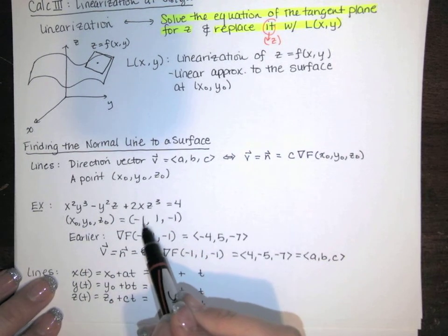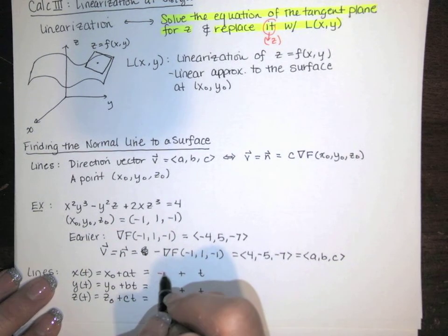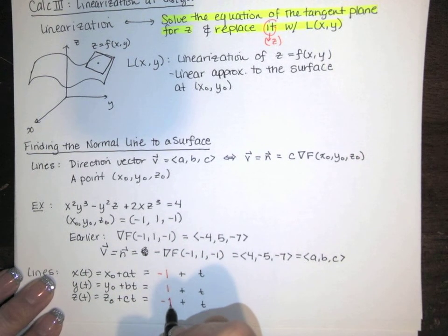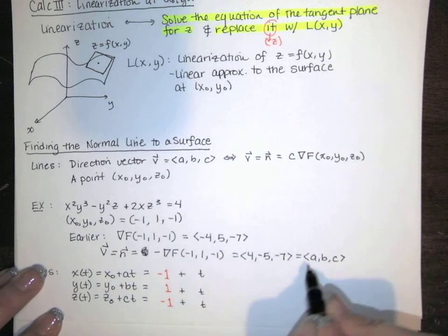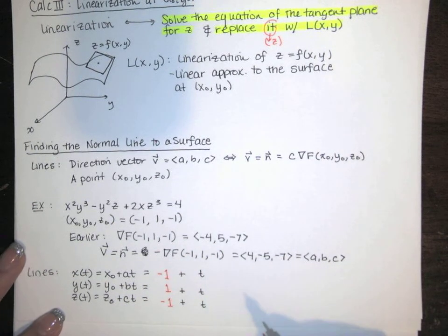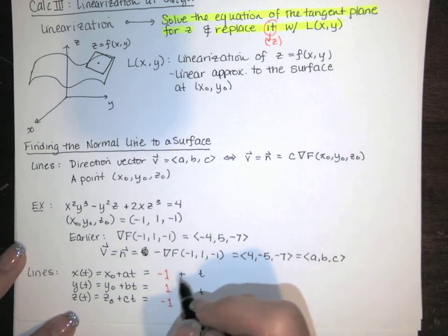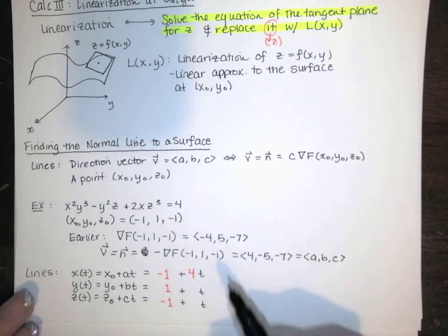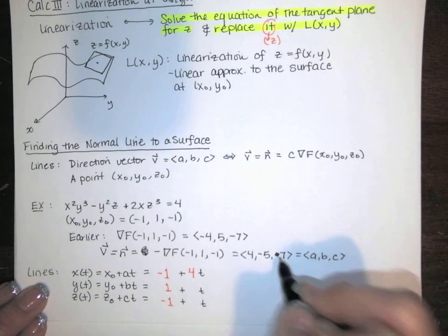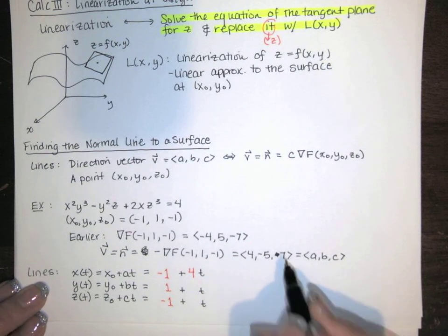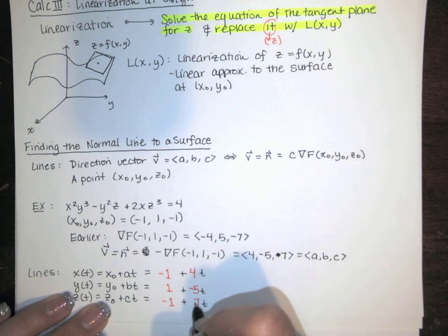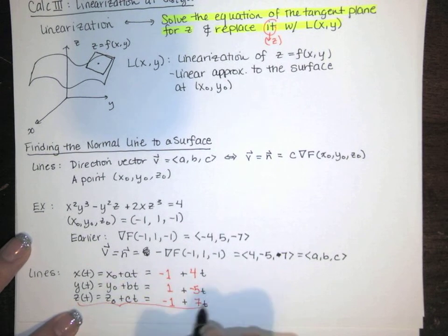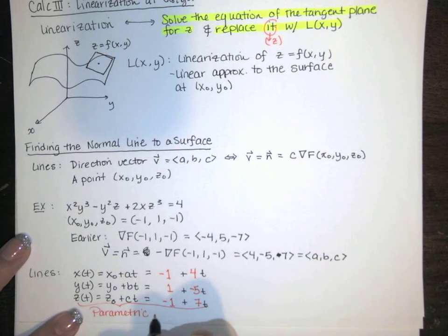X naught, y naught, z naught is -1, 1, -1. A, b, and c are 4, -5, and -7. I think that's wrong. That was negative, so multiplied by -1, that should be +7. 4, -5, and +7. So those are our parametric equations of the normal line.